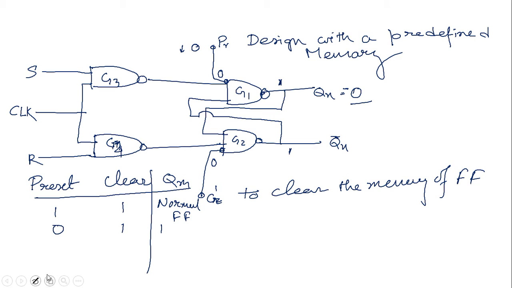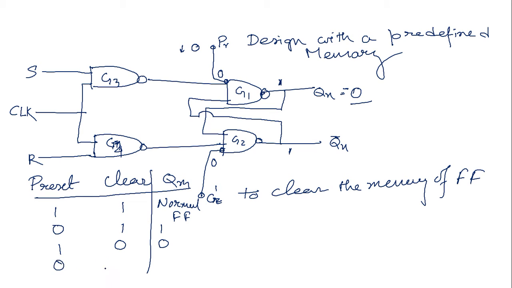Now if preset is 1 and clear is 0, the memory element is refreshed, cleared from this flip-flop, and Qn should be 0.